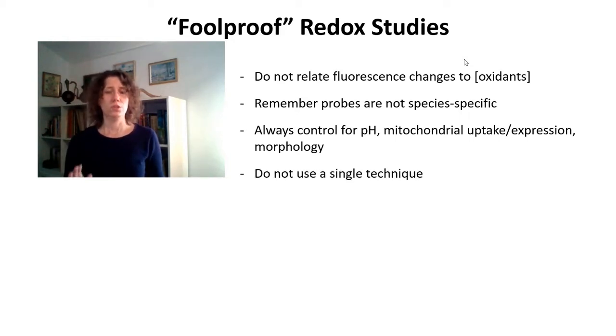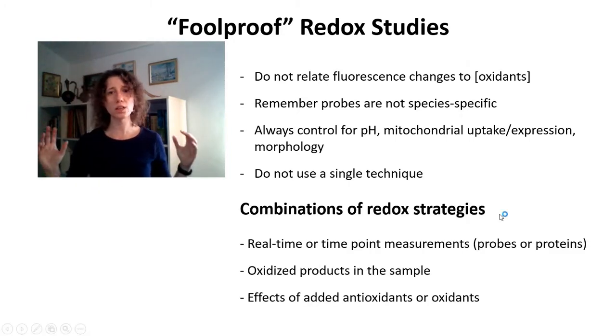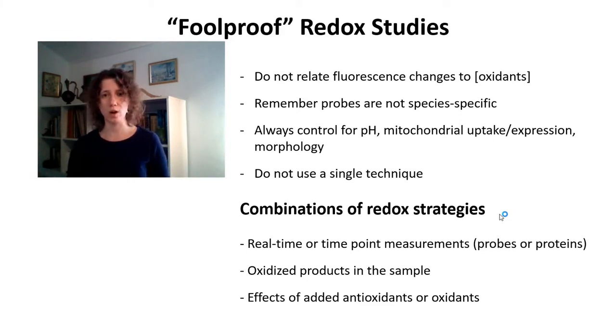And never use a single technique. The thing about redox studies, because there are so many artifacts, is you have to use more than one technique, and preferably more than one experimental approach. So what I really recommend is a combination of redox strategies, using at least 3 different approaches to solve your redox problem.